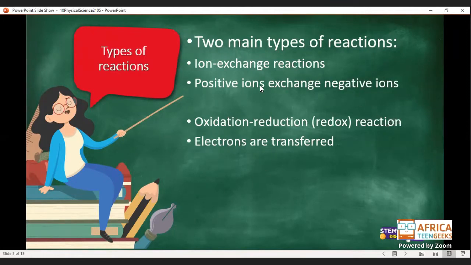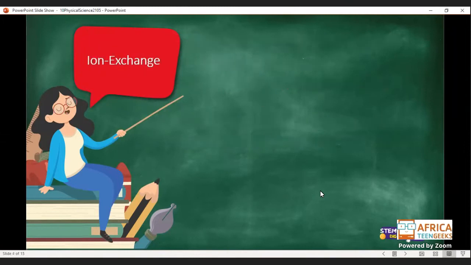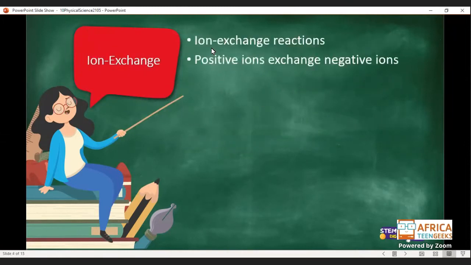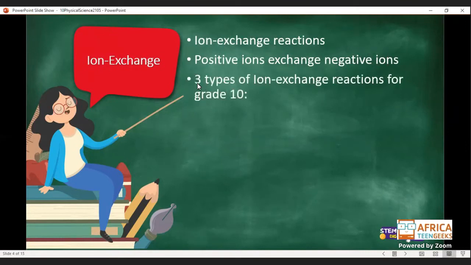So let's get going on ion exchange reactions. Ion exchange is when positive and negative ions swap places. Now, yesterday, again, we said there are three types of ion exchange reactions for grade 10.